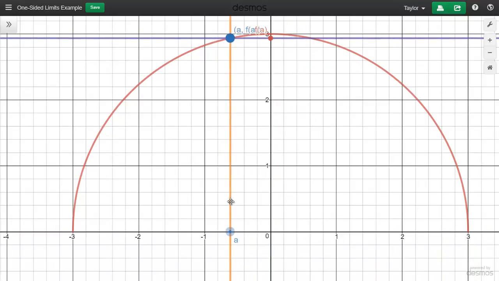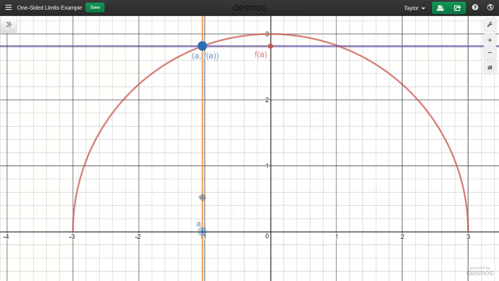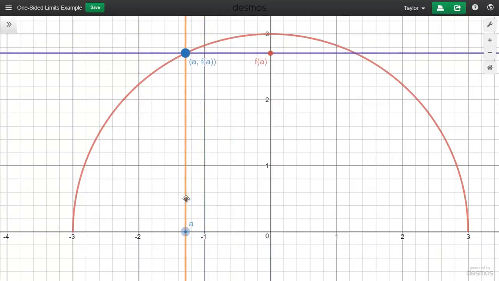Again, we've talked about left-hand and right-hand limits on many occasions. It makes no sense to talk about the limit from the left as x approaches negative 3, because there are no x values over here. There is no function over here.